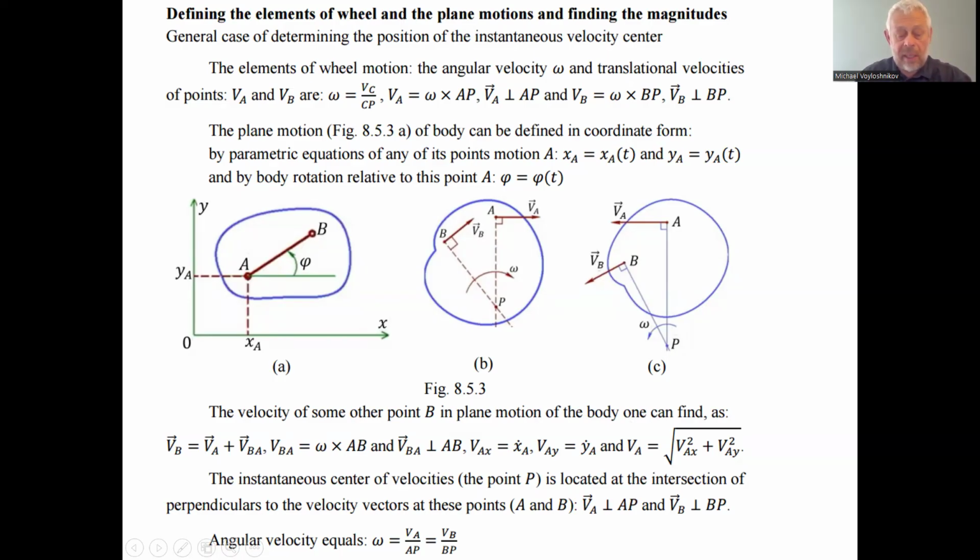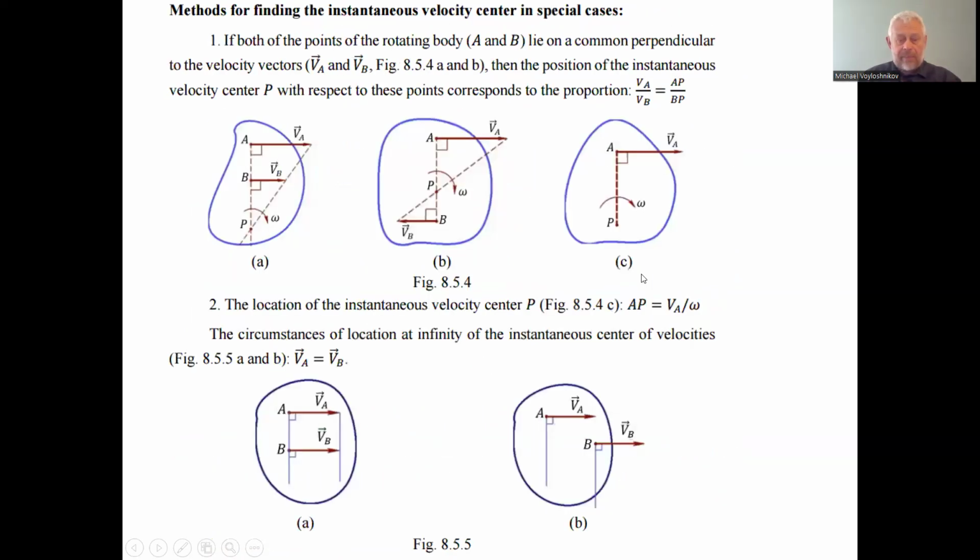The angular velocity equals the ratio of the translational velocity of any point to the appropriate radius, maybe BP or maybe AP.